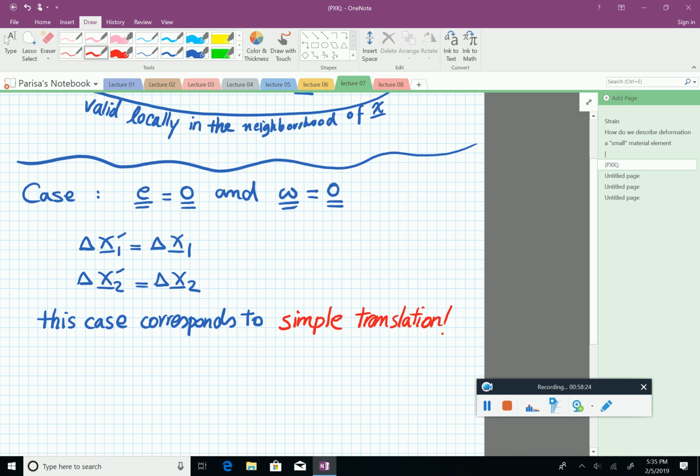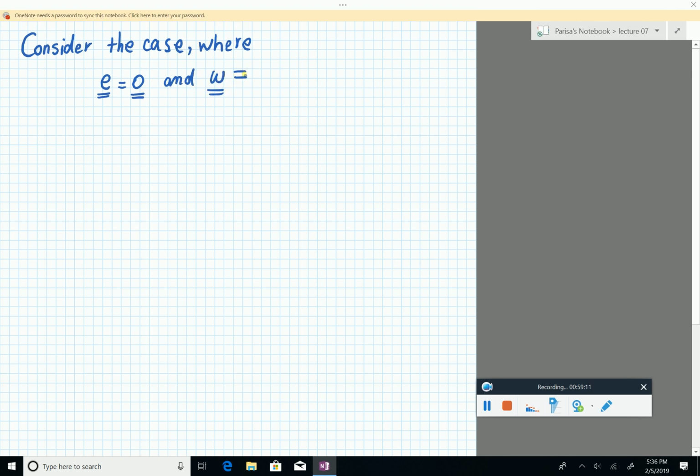Now you probably can see where I'm going. The next is to consider another case, where now E is 0, but omega is not.